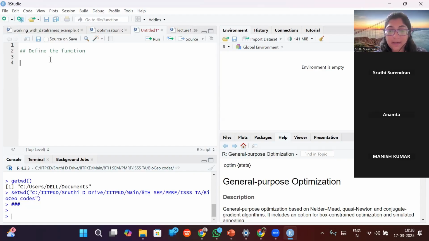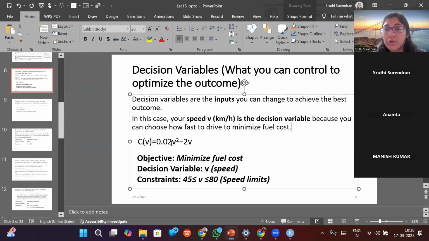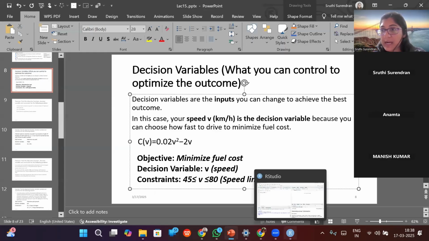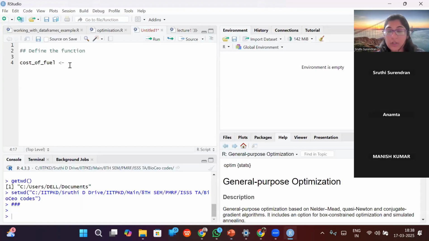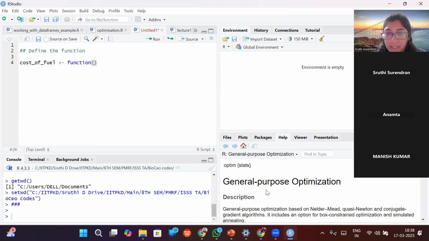Now the function is given by the cost of fuel. Here the equation provided is C equals 0.02 V square minus 2V. That is not the objective function, that is the equation of the cost of fuel. To define an equation, particularly when we are optimizing, we use the function command.